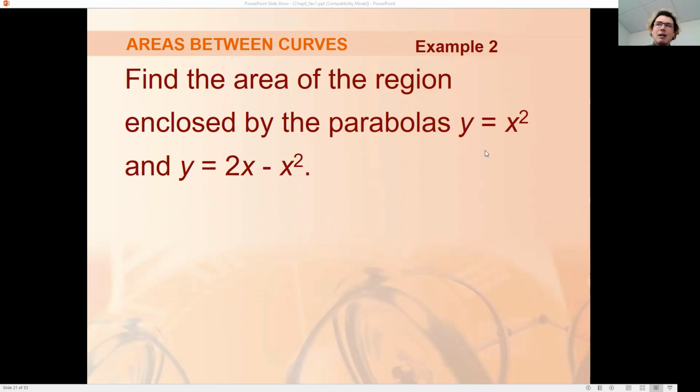The other of them I know is a downwards facing parabola, and I know that because the x squared has a negative coefficient. So I've got my happy smiling parabola, I've got my sad frowning parabola, and I'm expecting to find something like a football shape in between the two of them. So when I'm asking for the area of the region between these two parabolas, it's that area that's stuck in between is what I'm asking for.